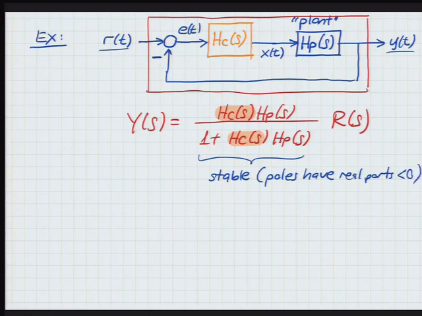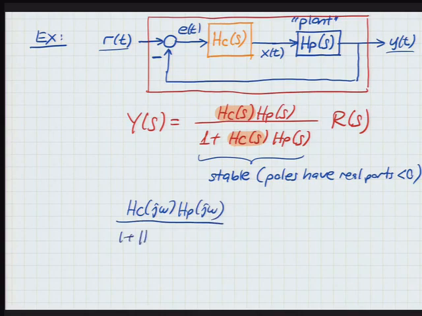And another thing we would typically want is when we look at the frequency response that comes from this transfer function, which is, of course, HC of j omega, HP j omega over 1 plus HC j omega, HP j omega. And note that this is well defined because we are stable. Remember, stable means that the imaginary axis is within the ROC.